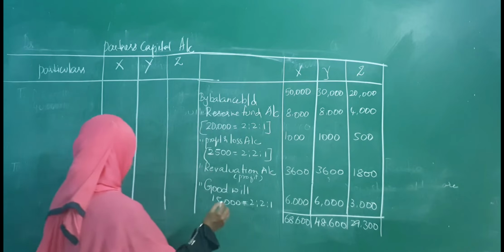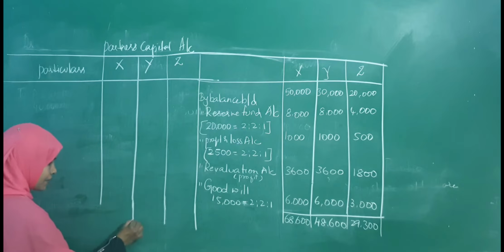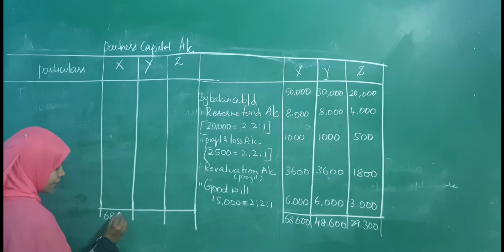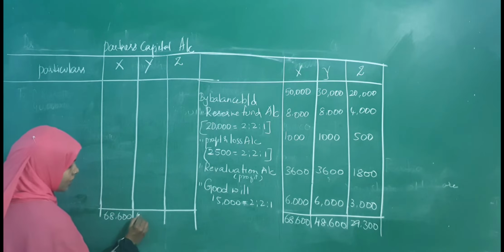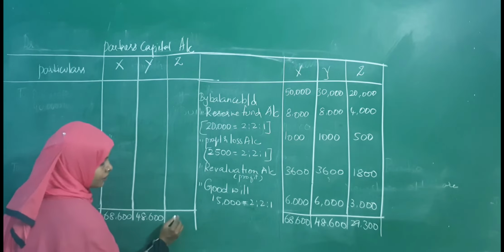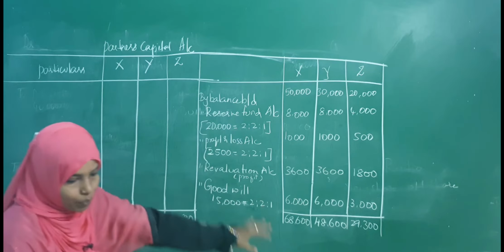Here also you can write the same thing: 68,600, 48,600, then 29,300. Fine. Now as I have told you, for the one who is retiring, his settlement is very important.